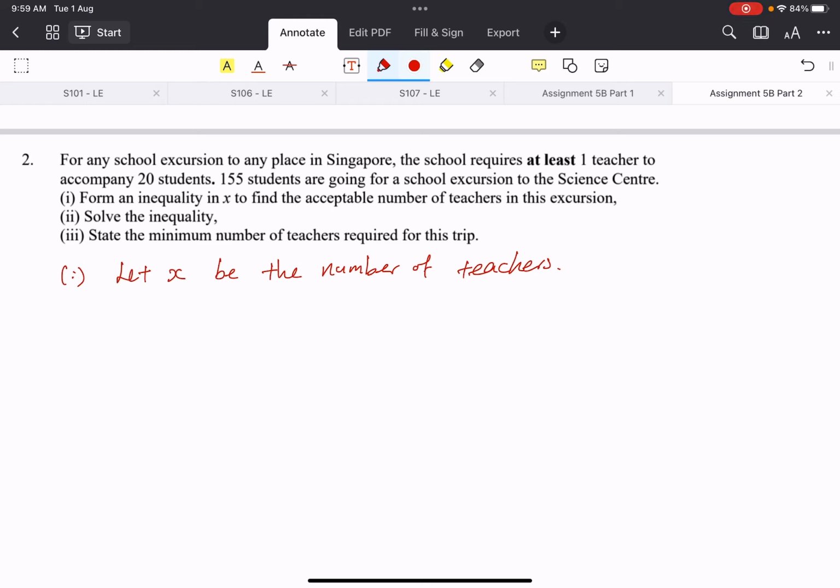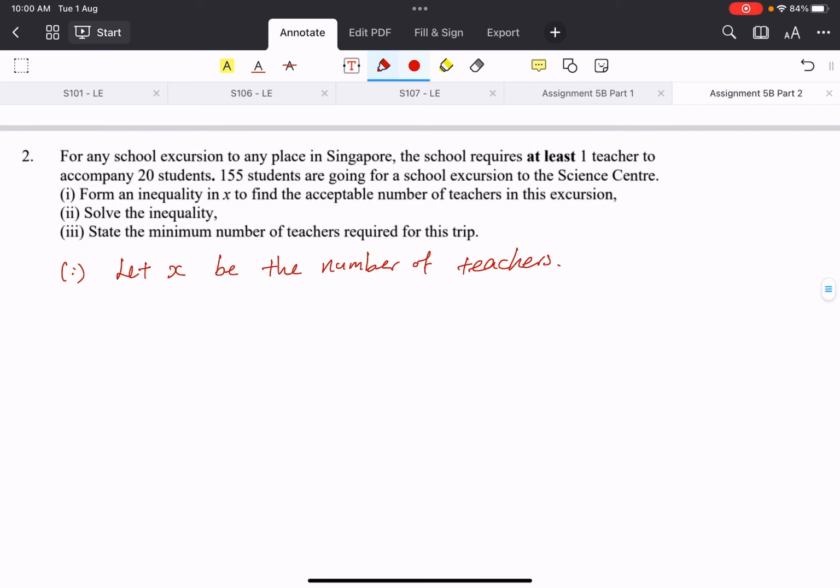So 155 students are going for this excursion, which means the number of teachers, x, has to be greater than or equal to 155 students divided by 20 students. So this is the situation. x is greater than or equal to 155 divided by 20, which gives us 7 3/4.